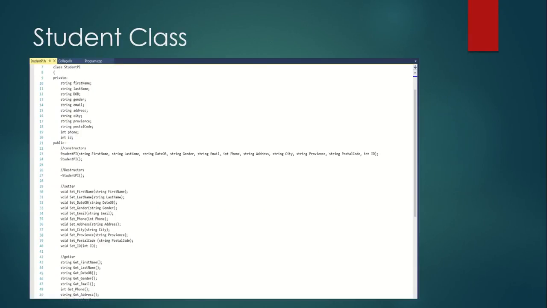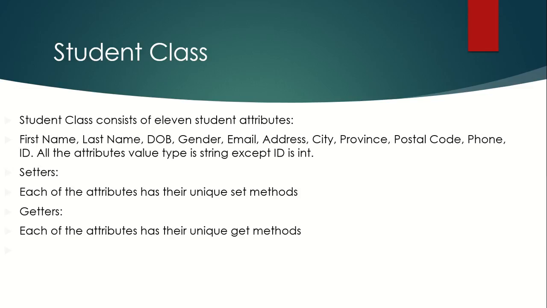Now moving on to the student class. These are the list of all the private and public variables, the constructors and destructors used, the setters and the getters. The student class consists of 11 student attributes.